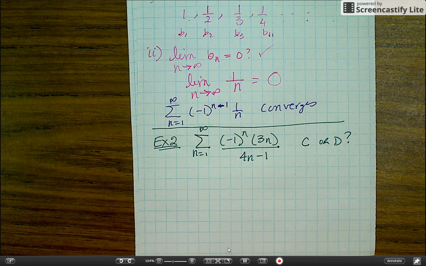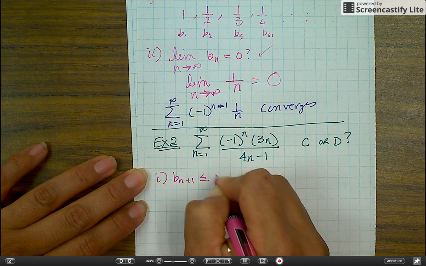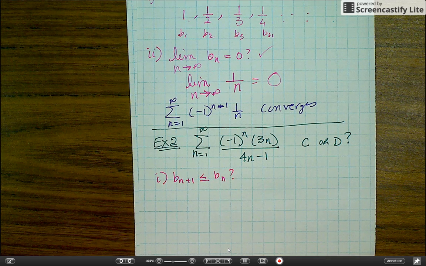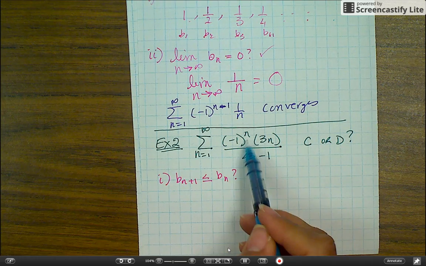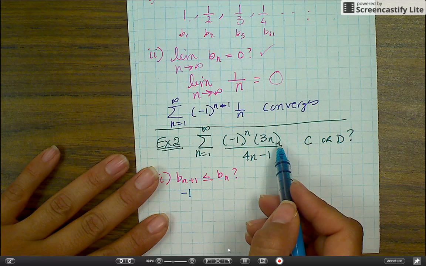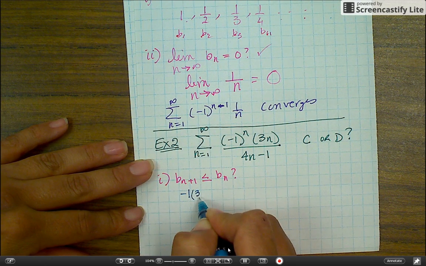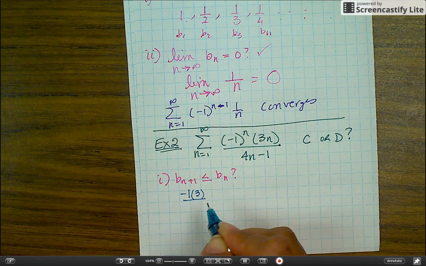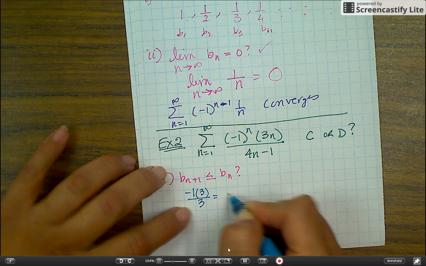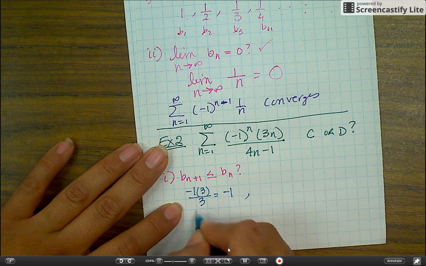Okay, so let's check it out. The first condition: is the next one less than the previous one? So let's start expanding this. If I put 1 in, this is going to give me a negative 3 all over, what's 4 times 1 minus 1? That's 3. So this is negative 1. This is B1.